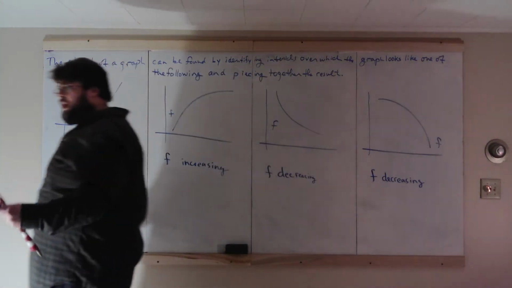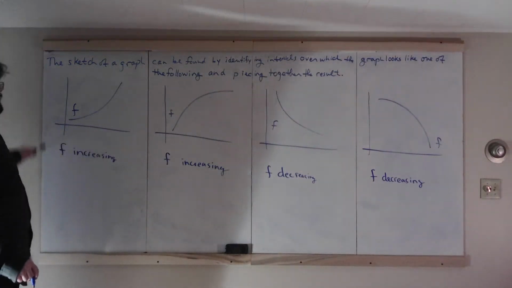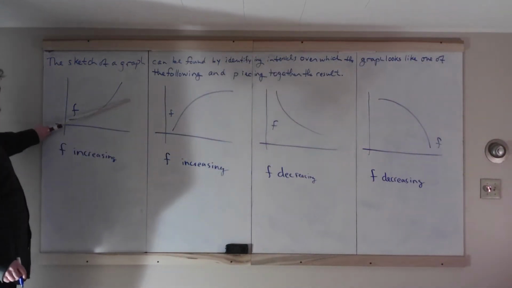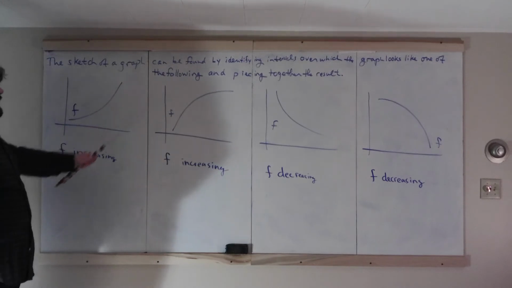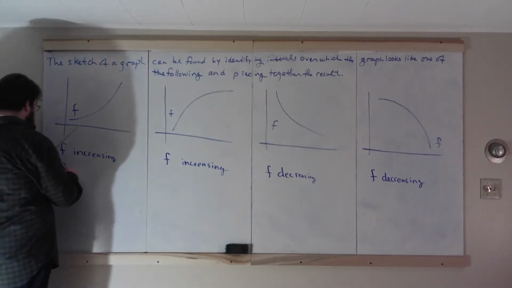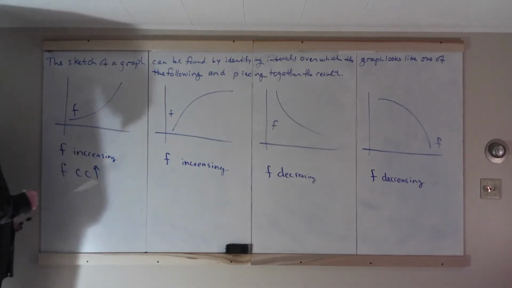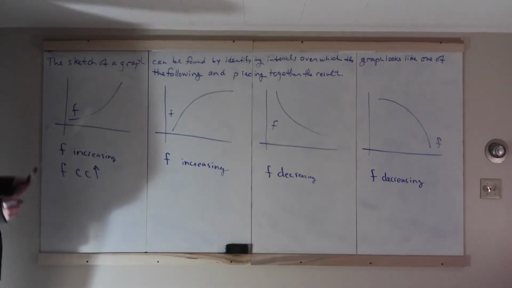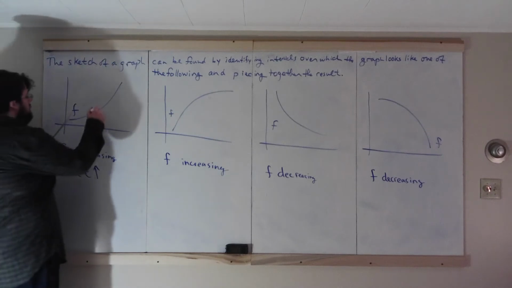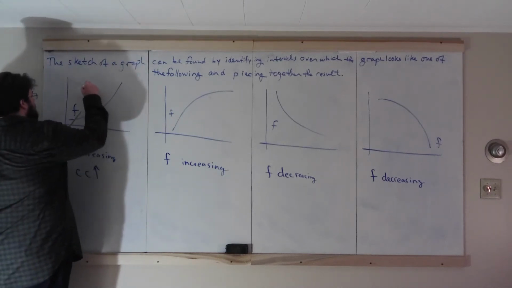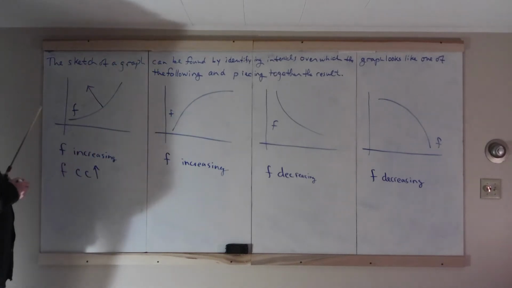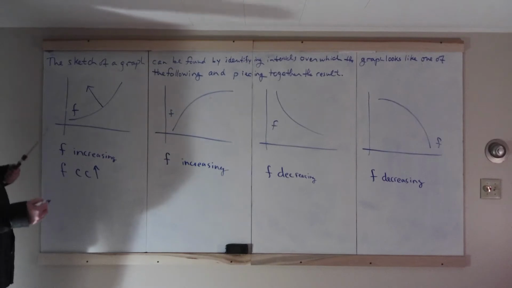Okay, what about concavity? Well, right here we have positive slopes of tangent lines, and they become more positive. From that, you can conclude that F is concave up. Another way, an easier way, I would say, to show that is by looking at the caved-in portion and just drawing an arrow away from the caved-in portion. If that arrow's going in an upward direction, then F is concave up.